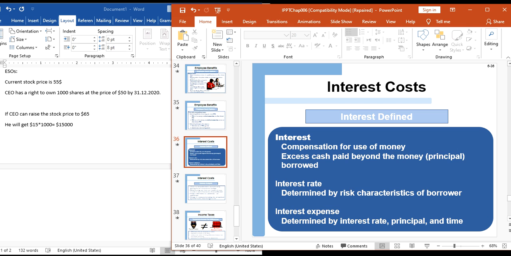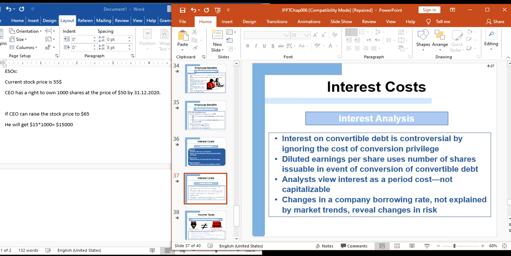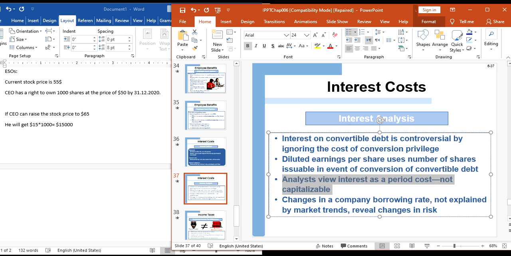Anyway, so the payment of these interests depends on the bond that has been issued, and the most important thing here is to know that analysts view interest as a period cost, not capitalizable.